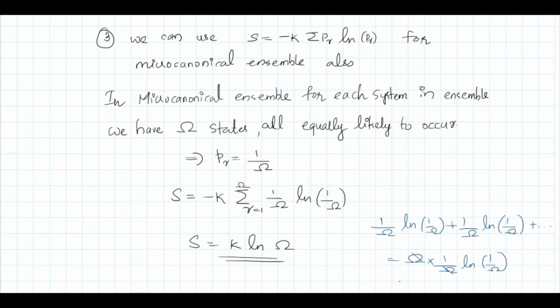That will give you log 1 by omega, that is minus log omega, and this minus k and this minus log omega will give you k log omega. This is the famous relation we derived in the earlier classes for the microcanonical ensemble: S is equal to k log omega. For the canonical ensemble, S is equal to minus k sigma PR log PR.